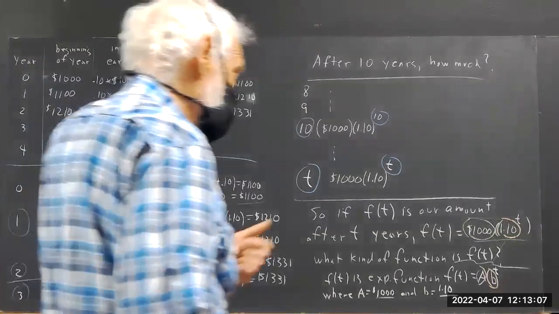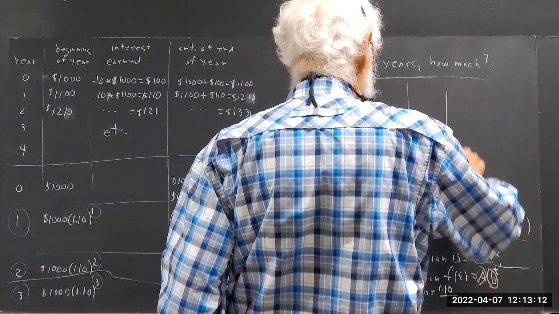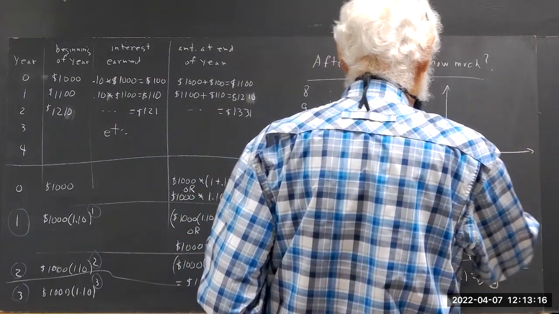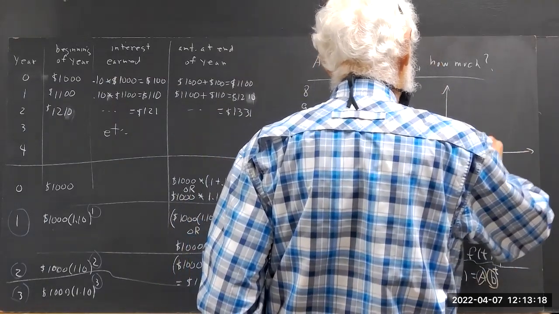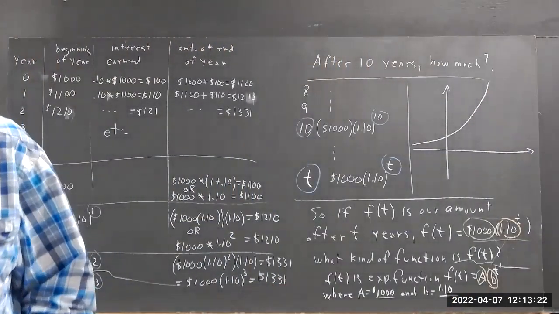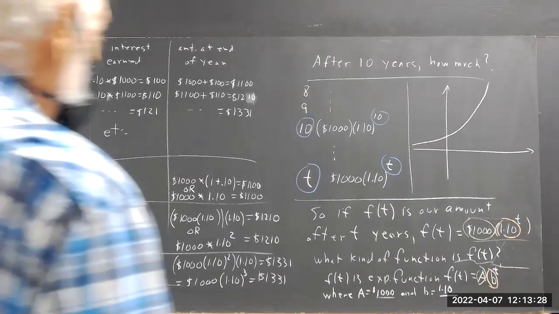If we were to graph this, the graph would look just like the graph of any other exponential function. That's a graph of your basic exponential function. We can label the axes.